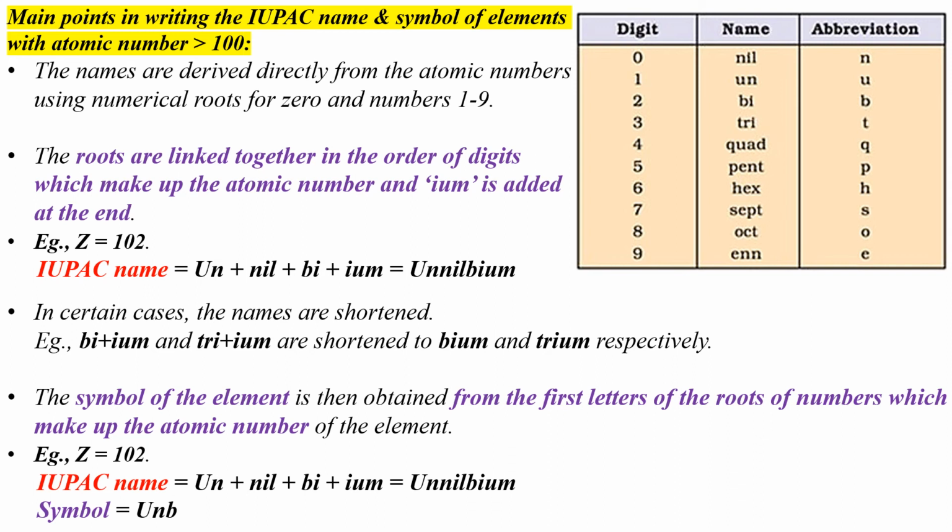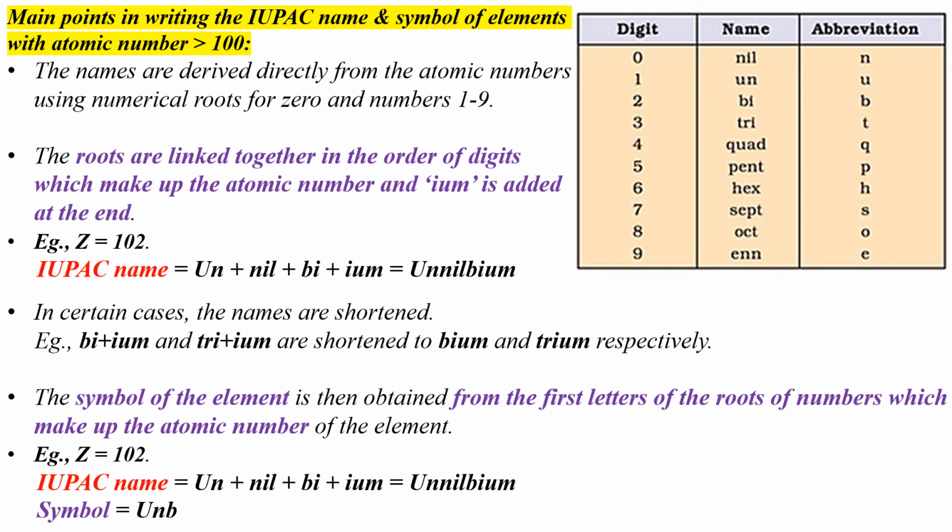Now, how to write the symbol of the element 102? The symbol of the element 102 is obtained from the first letter of the roots of numbers which make up the atomic number 102. Now look at the table.